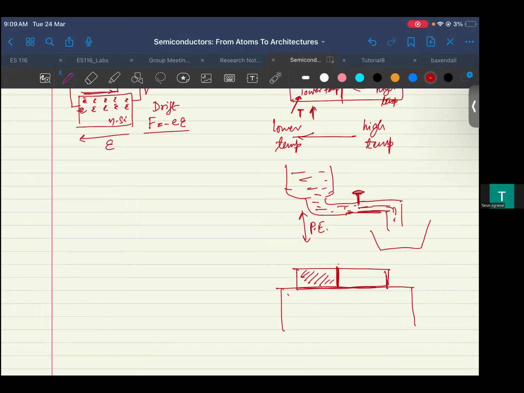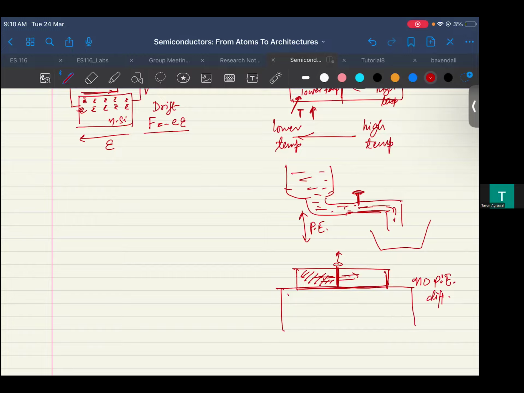As soon as you remove this pin, do you think the water would move? And you can test this, right? You can do this experiment and you will see that, yeah, water will start to move in this direction. Now the question, why is it happening? Because I don't have any potential energy difference.